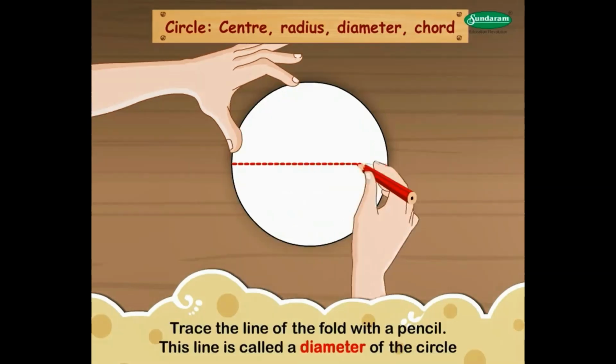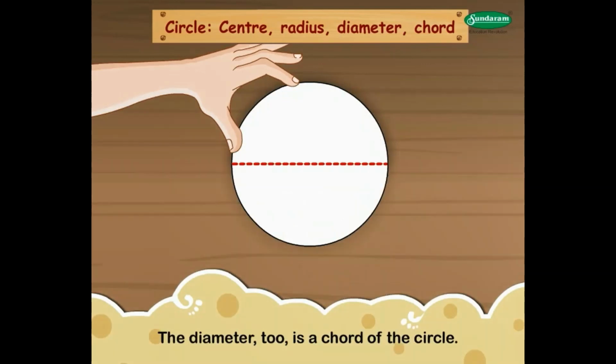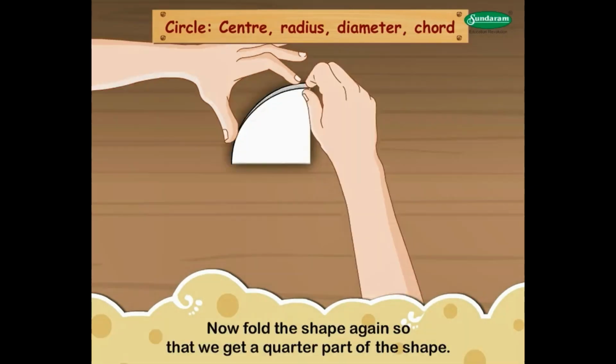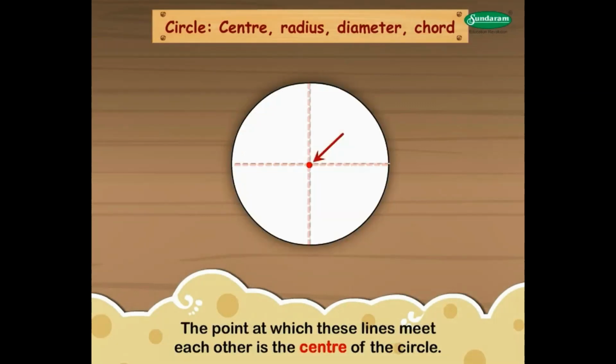Of the circle. The diameter is also a chord of the circle. Now fold the shape again so that we get a quarter part of the shape. Unfold the paper shape. Now you see the circular shape again.